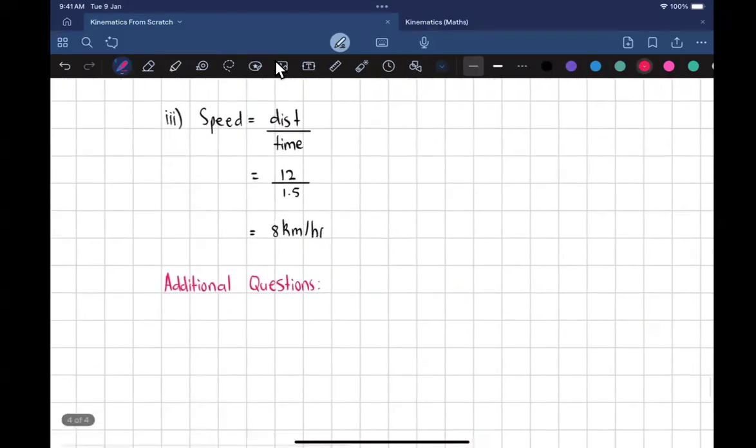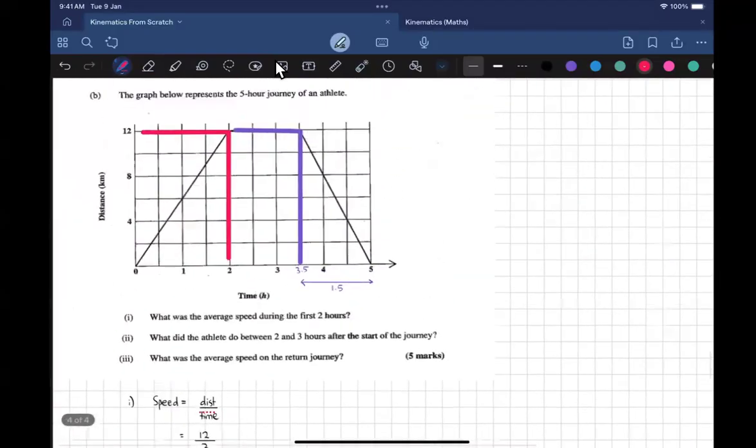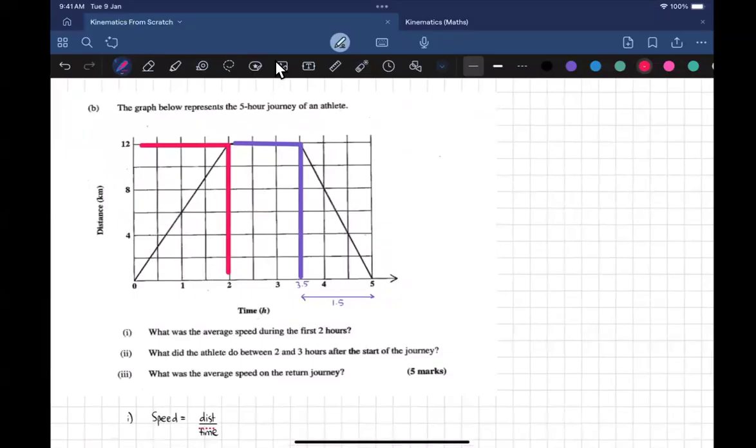Okay, let's go. First additional question I'm going to ask. What was the total distance the athlete ran? I want somebody to tell me that. What was the total distance? Could anybody tell me?